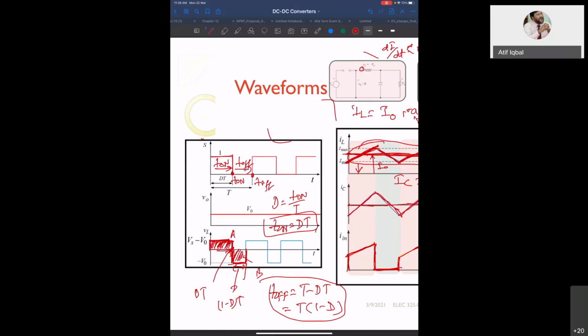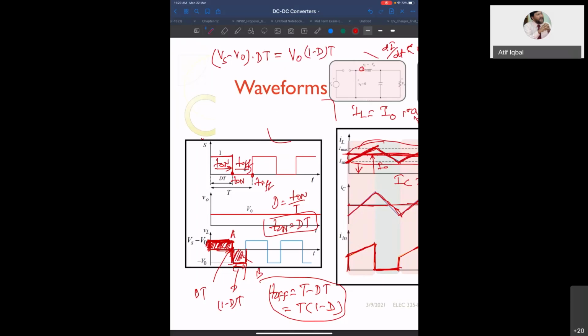This is a rectangle, so height times breadth: Vs minus V naught times DT. The area on the negative side will be V naught into 1 minus D into T. We only bother about the magnitude, not the negative sign.